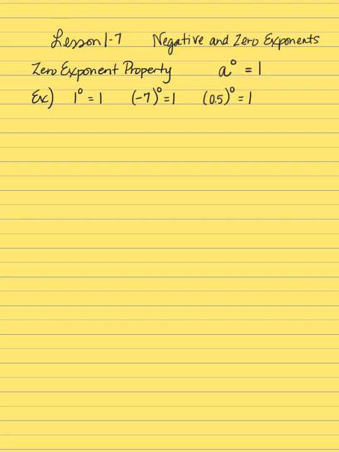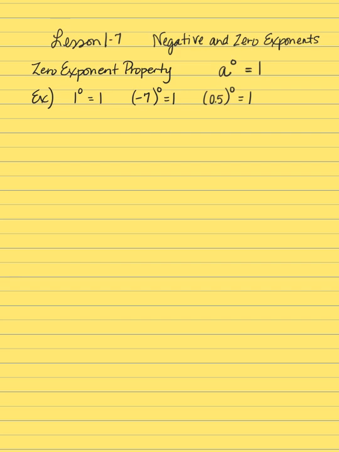And if you put that in your calculator, it's still going to tell you that it's equal to 1. But that's a property that you don't even have to put in your calculator. It's automatic. You always know it's equal to 1. Okay?